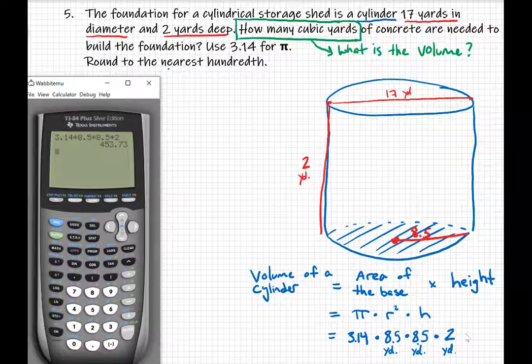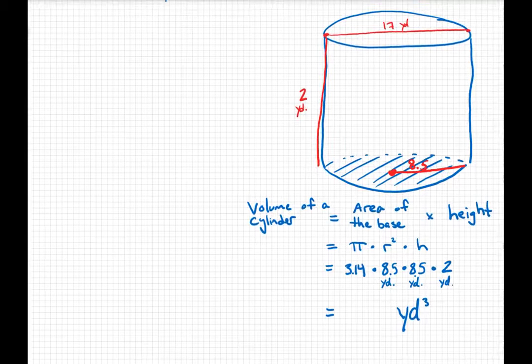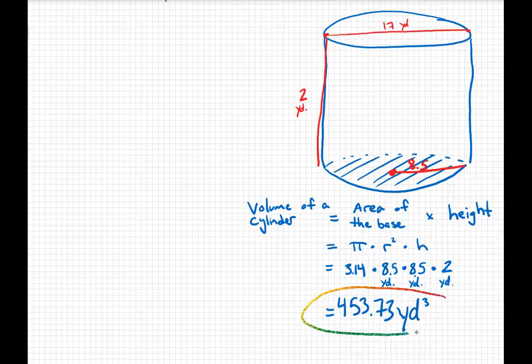The directions say round to the nearest hundredth, but it looks like there are only 2 decimal places anyway, so we don't have to round. 453.73, and that's cubic yards. We're talking about volume.